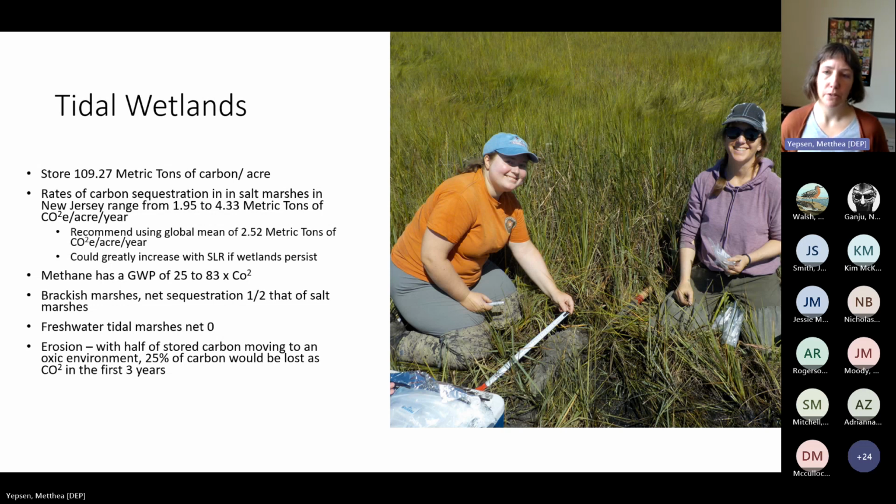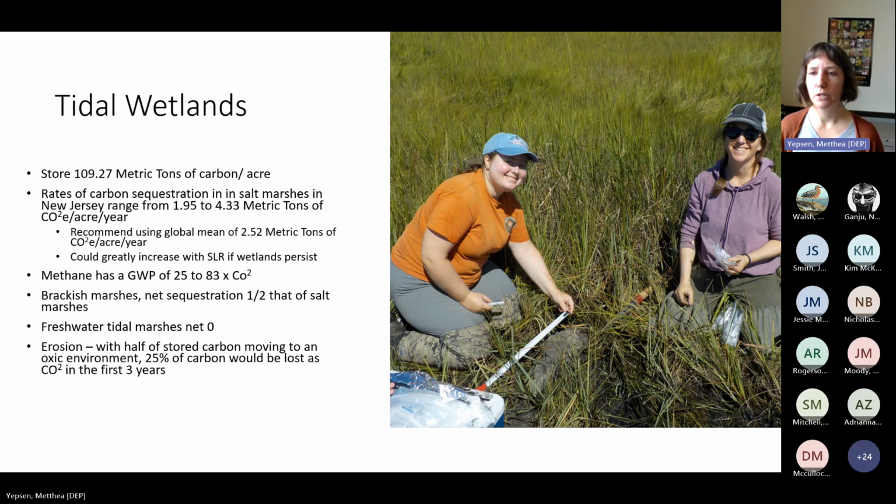We also looked at what happens to carbon that's stored in marsh soils when it's eroded. So when you have erosion happening, those carbon-rich soils get mixed up into the estuarine environment. Some of it gets redeposited, some of it goes out to the ocean.